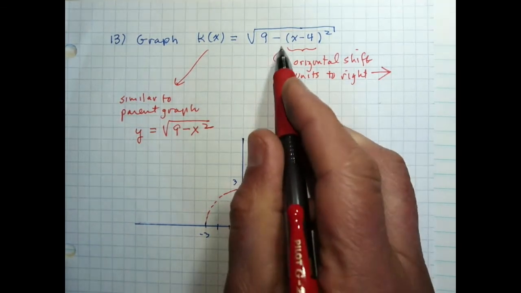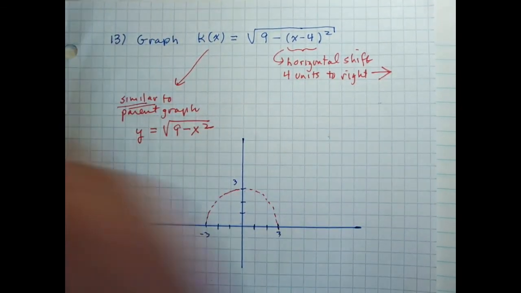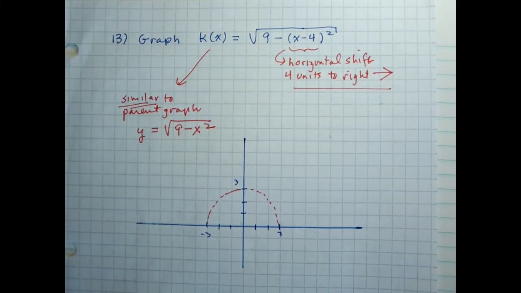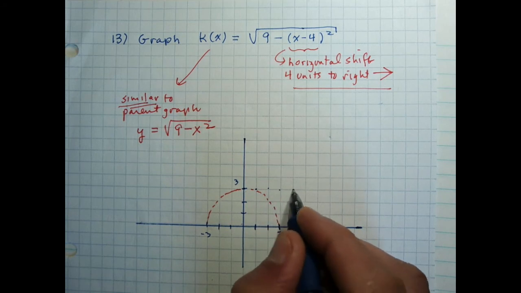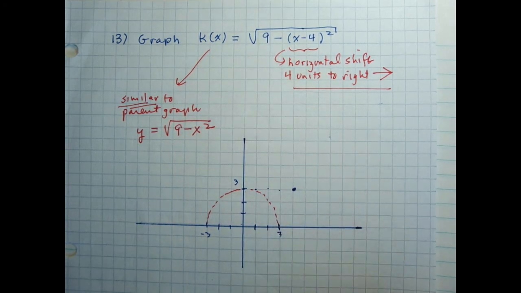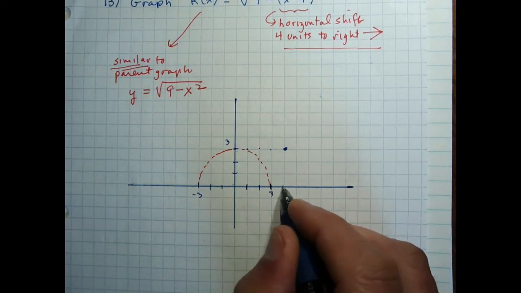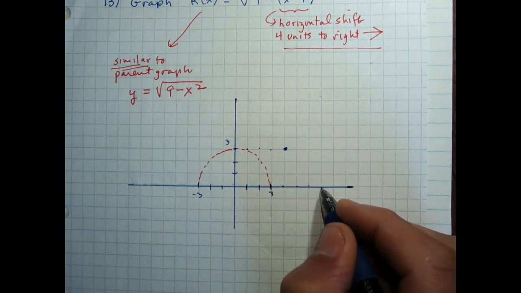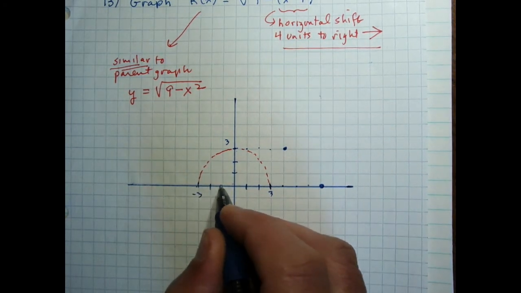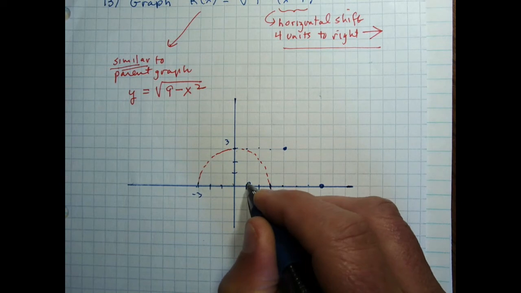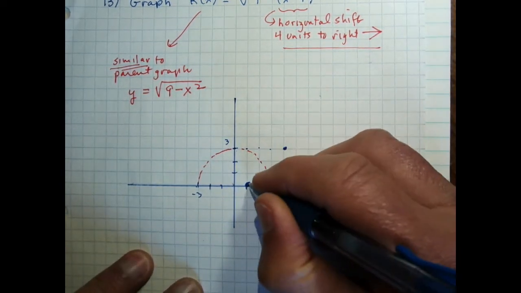But to get the graph of k, we've got to shift now 4 units to the right. So this point, 1, 2, 3, 4. It's nice having a grid so I can just count squares to move my points over. This point will move over to the right, 1, 2, 3, 4. This point will move over 1, 2, 3, 4. It'll hop over to just the other side of that y-axis.